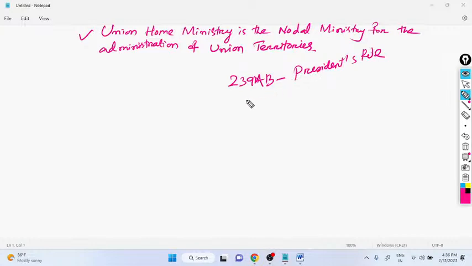And 239B, promulgate ordinances. So this is all about the administration of Union Territories in India.